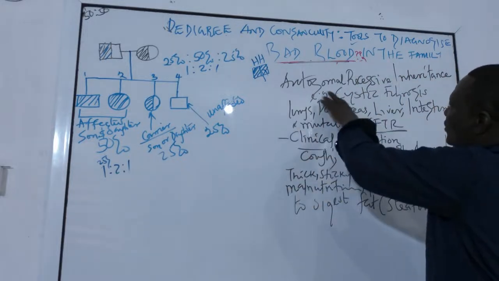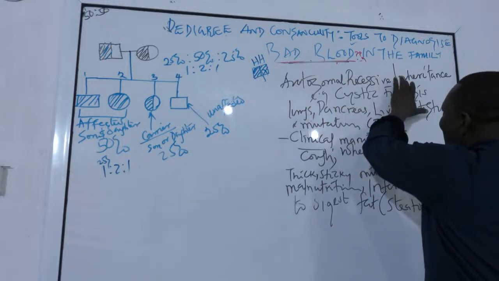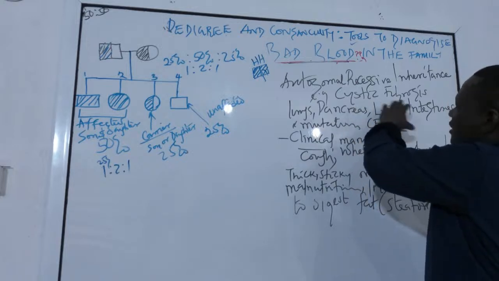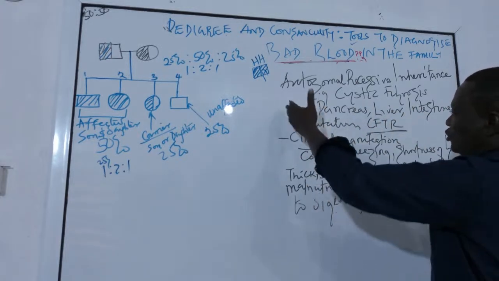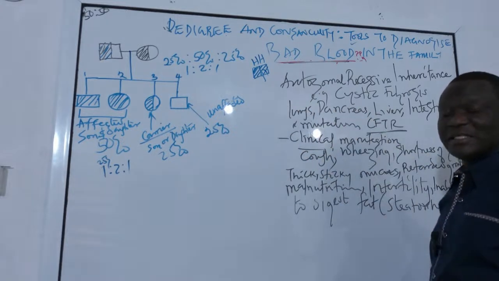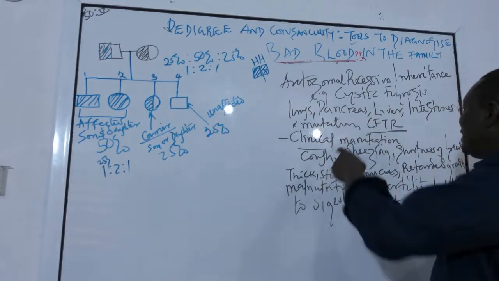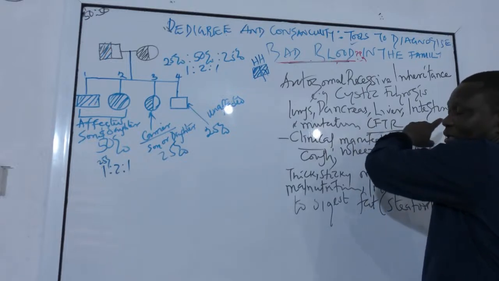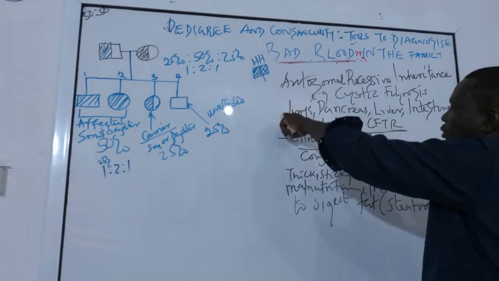Then the second one, which is autosomal recessive inheritance. In the case of cystic fibrosis, I told you that any person that has cystic fibrosis has it as a result of a mutation in the CFTR gene.